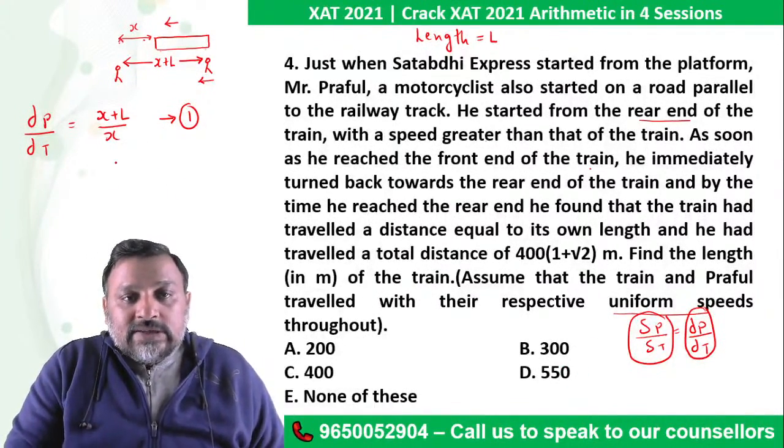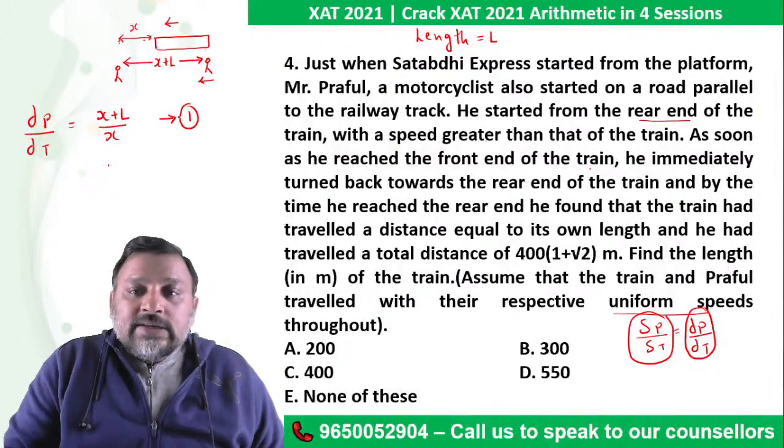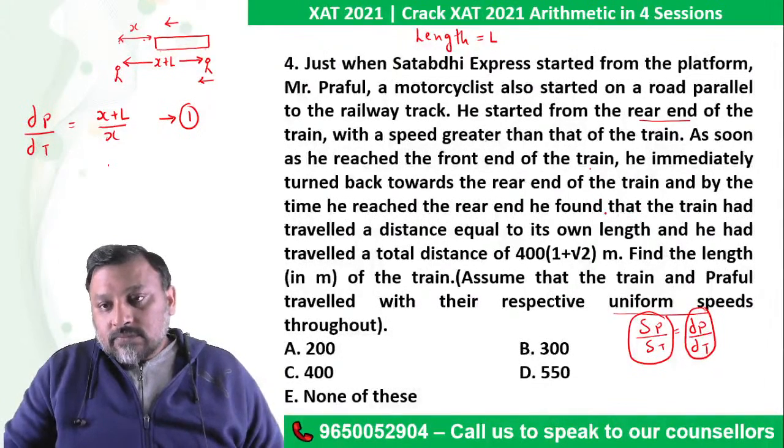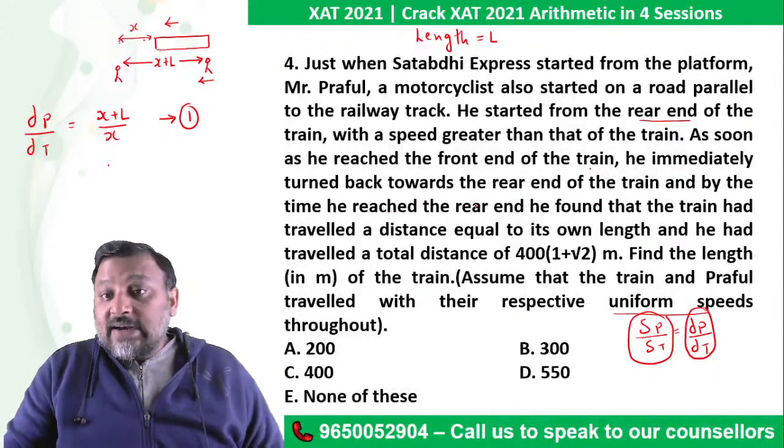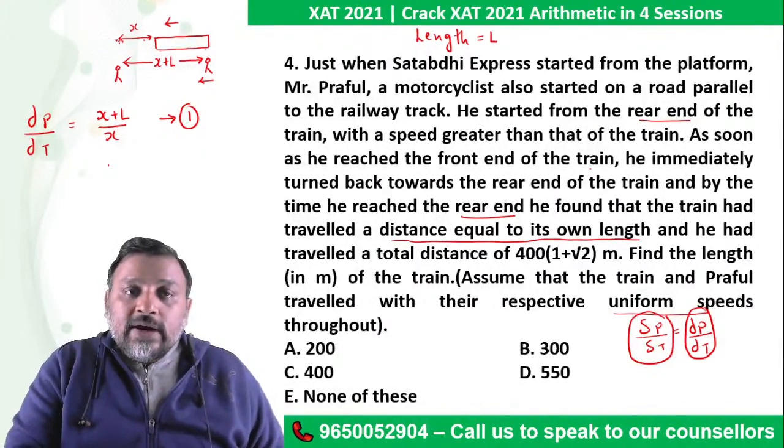Okay, now the second scenario. See, it is given, he immediately turned back towards the rear end, and by the time he reaches the rear end, the train had covered a distance equal to its length. So train has already covered x.